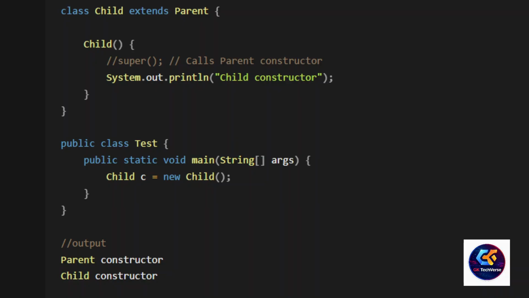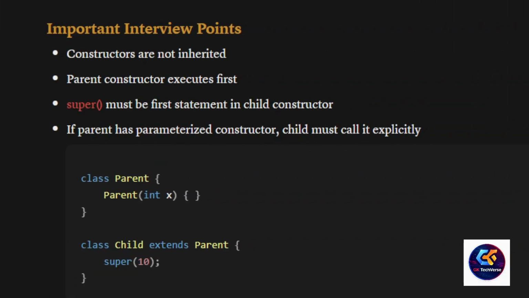Using super, the parent constructor will get called. So the important interview points we need to remember: constructors are not inherited. Parent constructor executes first. Super keyword must be the first statement in child constructor.